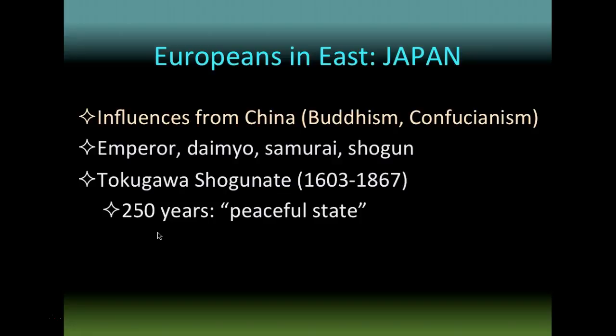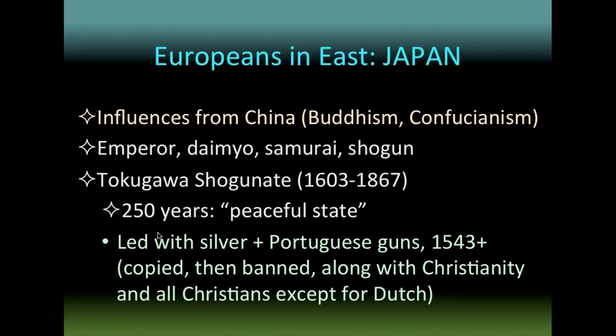One of the daimyo ends up taking power and conquering the other territories, the other daimyo, and that is the Tokugawa clan, the Tokugawa shogunate. The Tokugawa shogunate ruled for what is considered to be a 250-year period of a peaceful state. Of course, there wasn't total peace within Japan. However, it was better than having lots of little civil wars between the different daimyo clans.